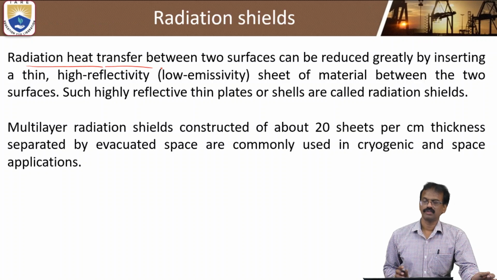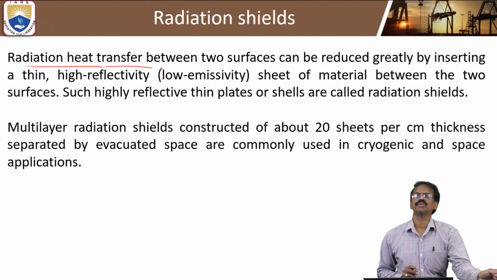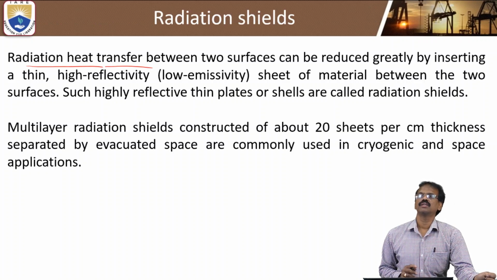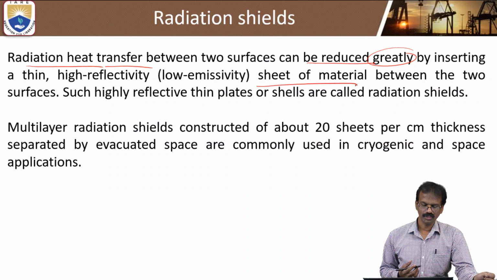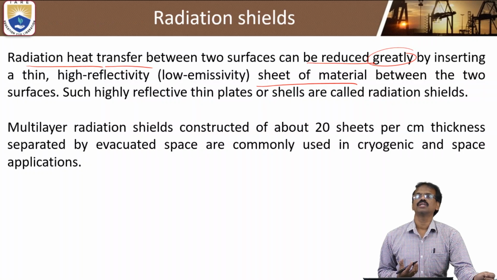Radiation heat transfer between two surfaces can be reduced greatly by inserting a thin, high reflectivity sheet. The main advantage of placing a shield is to reduce the heat transfer rate, meaning increasing the resistance.